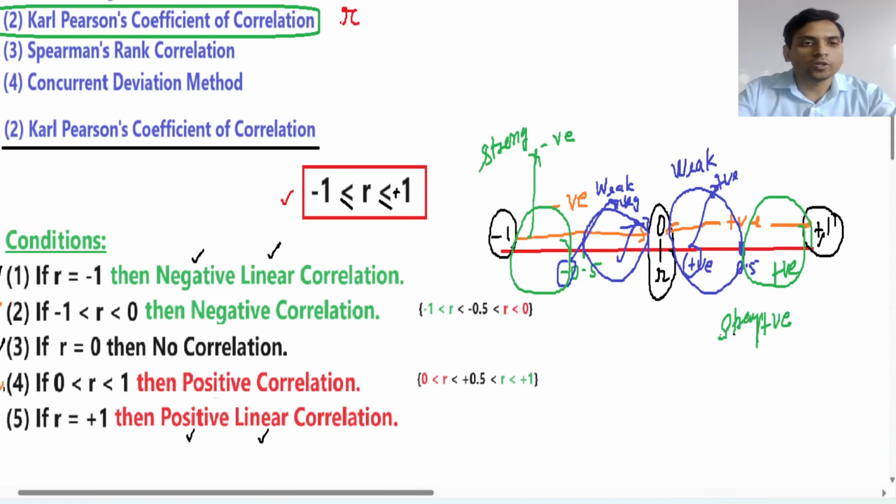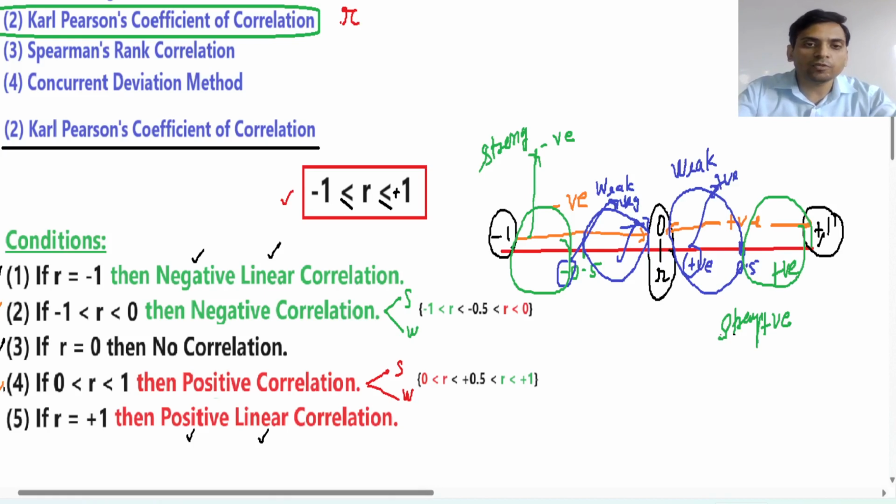So there are two subcategories for negative correlation and positive correlation: one is strong and the second is weak. If the value is nearer to 1, then we can say there is a strong relationship.